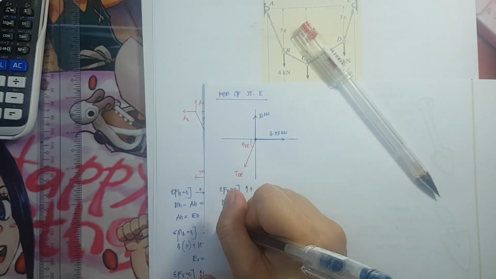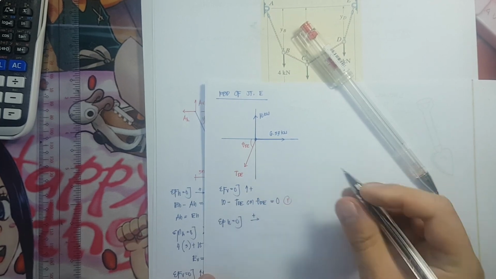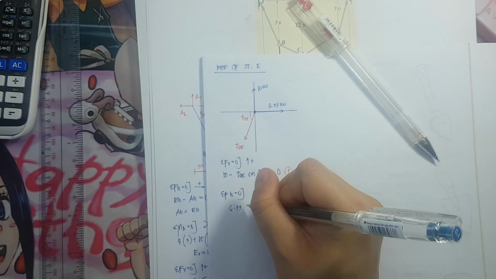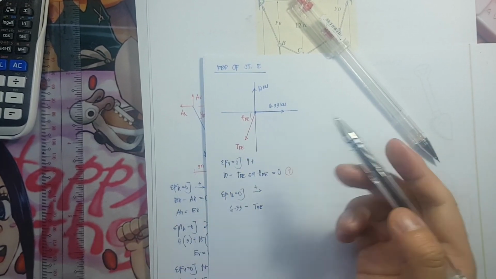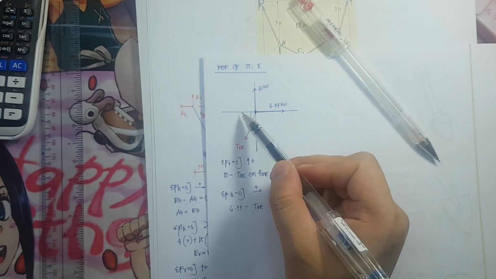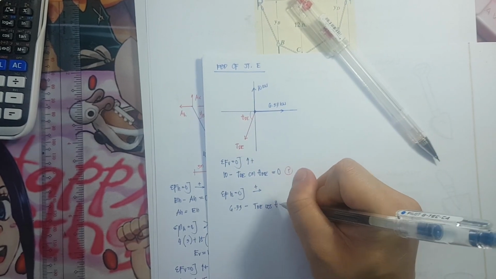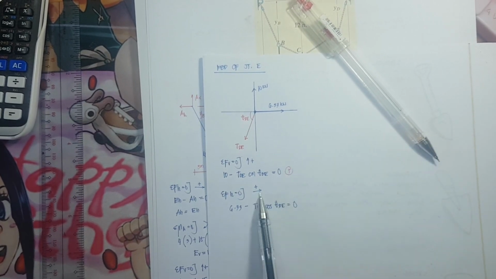Next, summation of forces horizontal is equivalent to 0. All forces towards right should be positive. So I have here 6.33 minus TDE, because TDE is pointing to the left, and since it is the horizontal component, we're going to use the cosine. So cosine theta DE is equivalent to 0. Transpose this to the other side of the equation to make it positive.